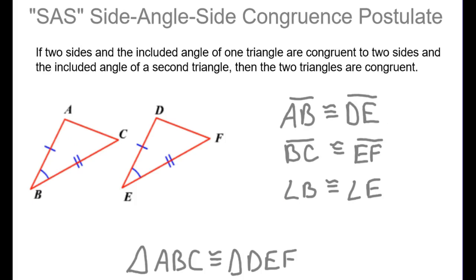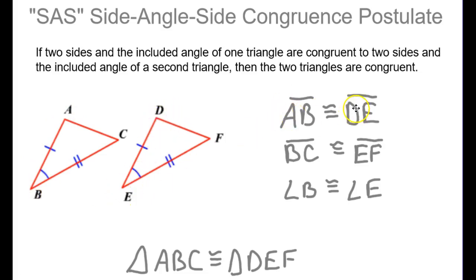Now we're going to discuss the side angle side congruence postulate. If two sides and the included angle of one triangle are congruent to two sides and the included angle of a second triangle, then the two triangles are congruent. Again, we have triangle ABC and triangle DEF. The information we know from the picture is that AB is congruent to DE.